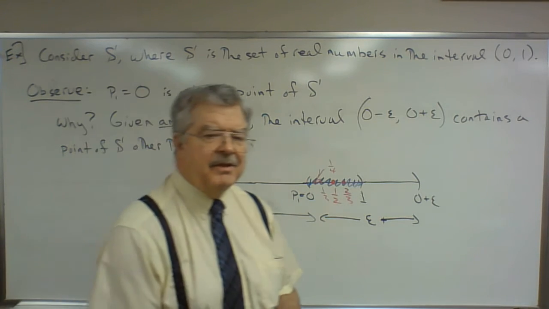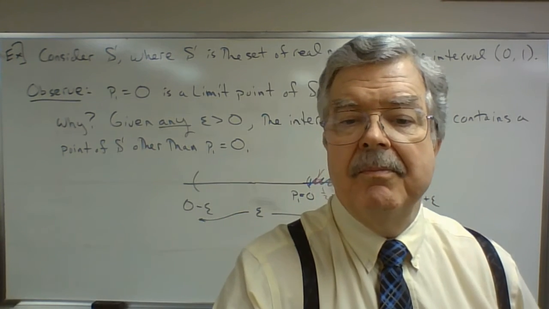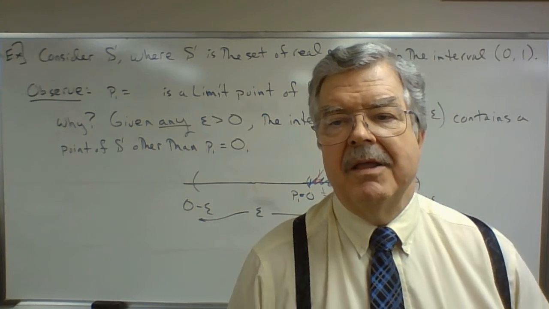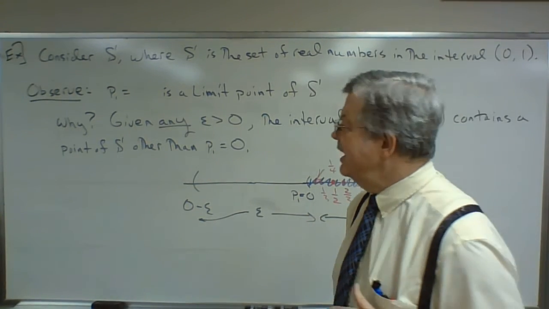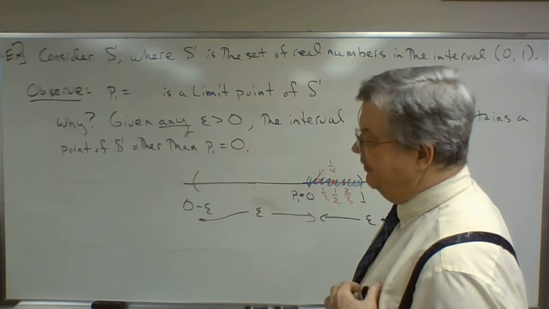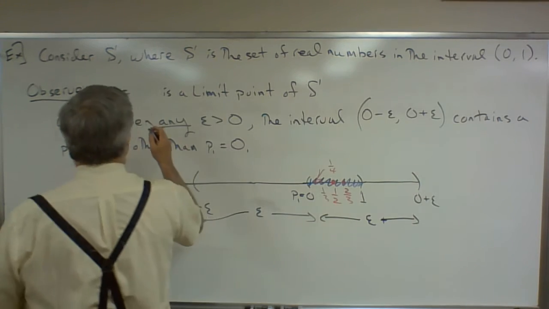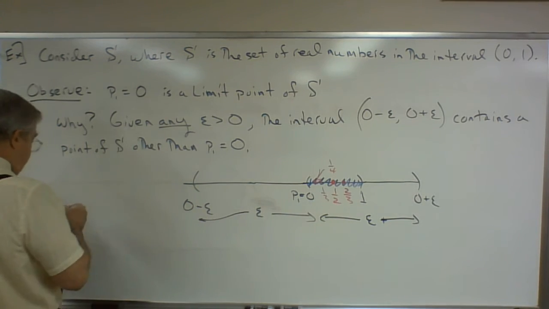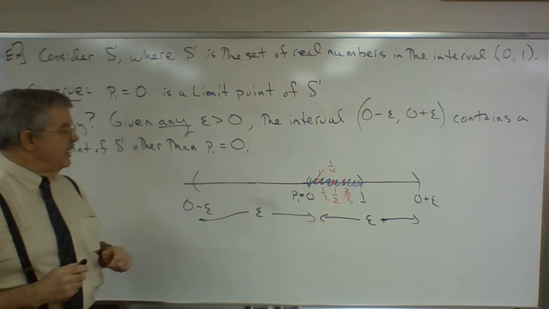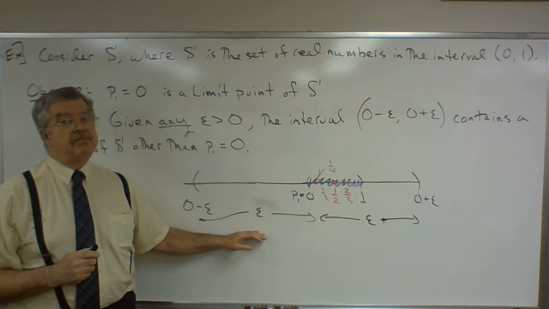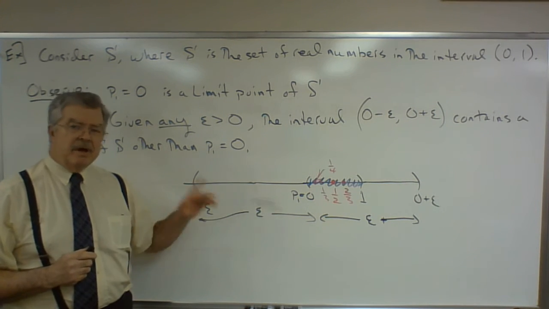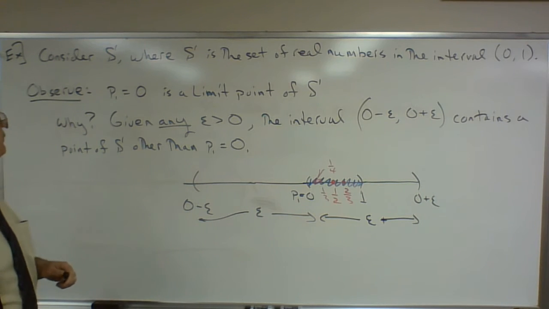Now let's look at a similar example. You know what? Before we look at another example, let's consider P1 equals 0 some more. We found out what happens when epsilon is very big, but what about if epsilon is very small?